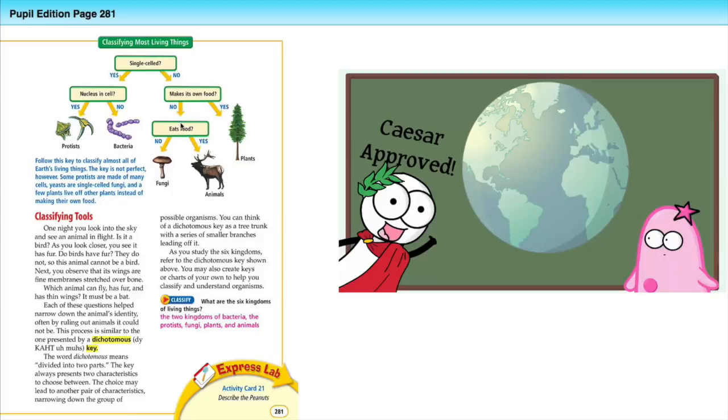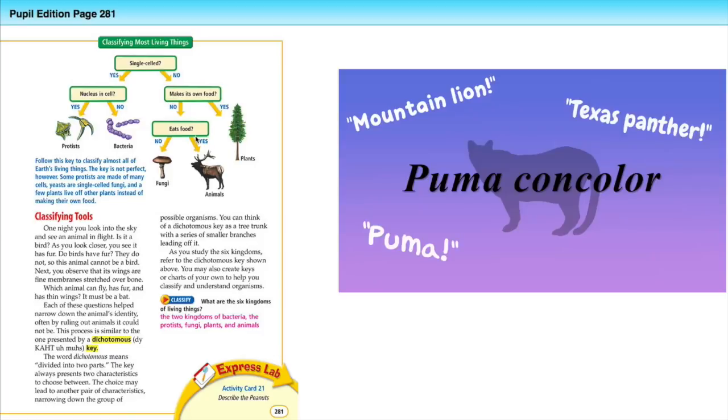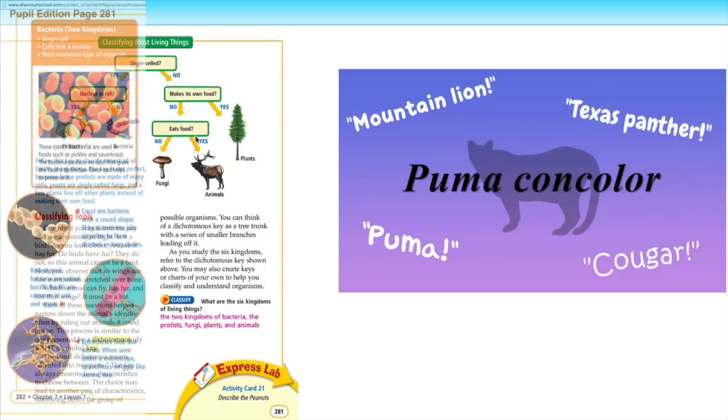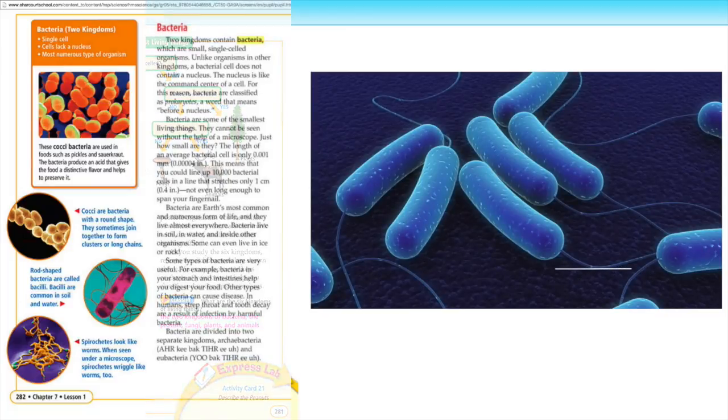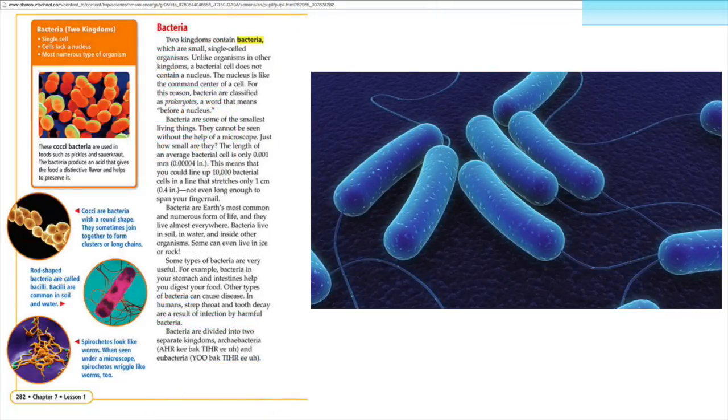So it could be either an animal, a fungi, or it might be a tree. So this is a very simple dichotomous key where we just keep asking a series of yes-no questions to get our answers. And on this page, we're going to be learning that there are 2 kingdoms.